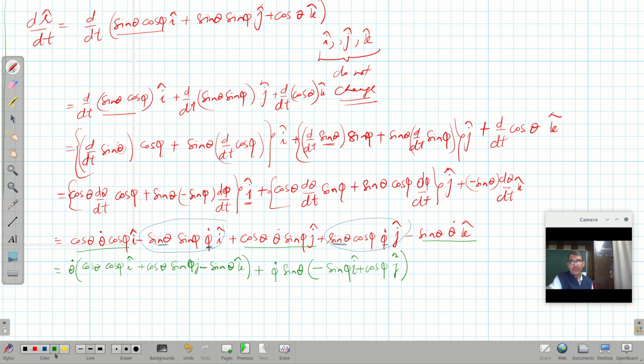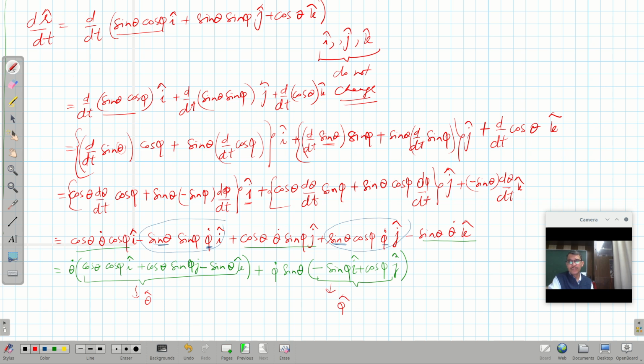And if I recall earlier results, this particular quantity is equal to theta cap, and this particular quantity is phi cap.